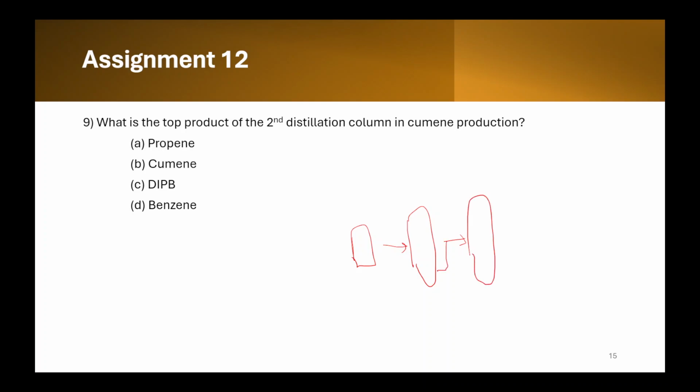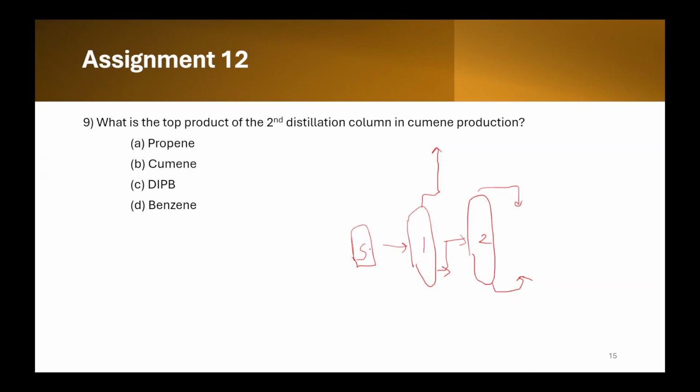Whatever the bottoms is, it goes into this. The top is going up, and this is the top product, and this is the bottom product. Just a rough representation. There are no reboilers or condensers here. So this is distillation column 1, this is distillation column 2, this is a separator.